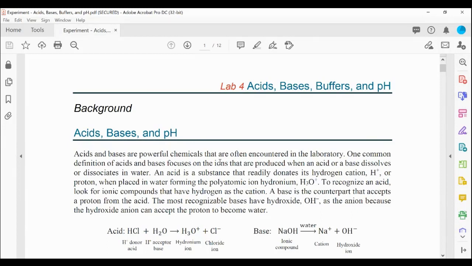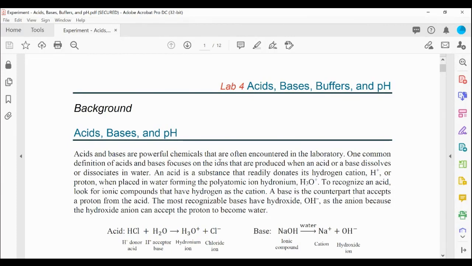Just as general info, acids are in lemons, in vinegar, in batteries, and they have a sour taste. They dissolve many metals, and the acid will turn blue litmus paper red. That is something that you can remember.